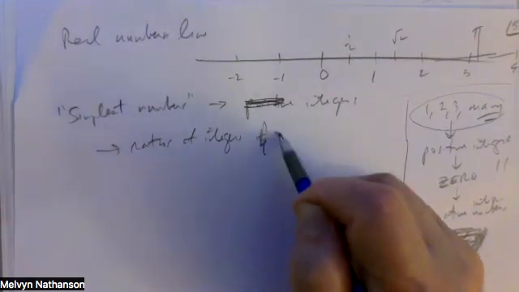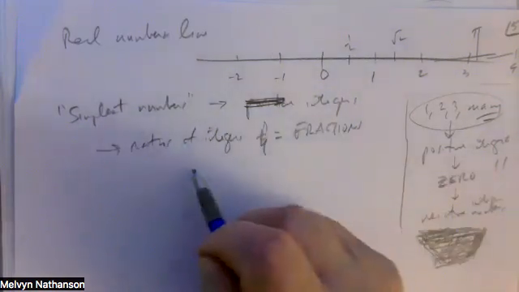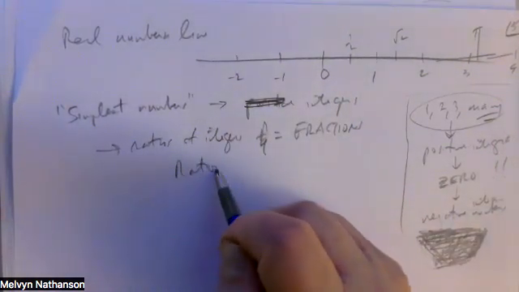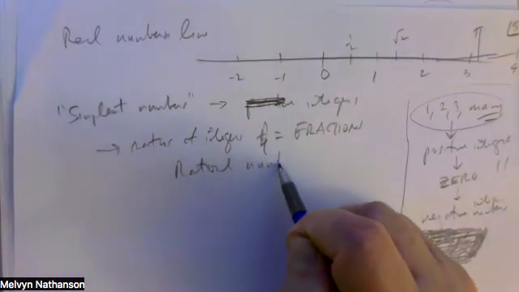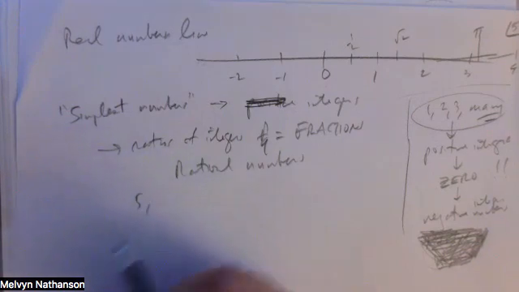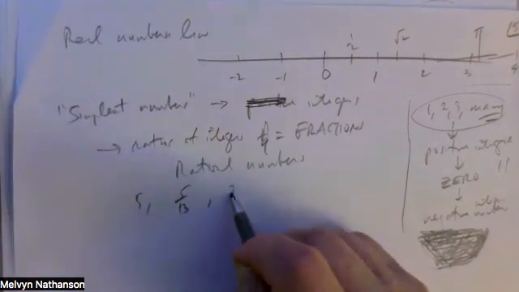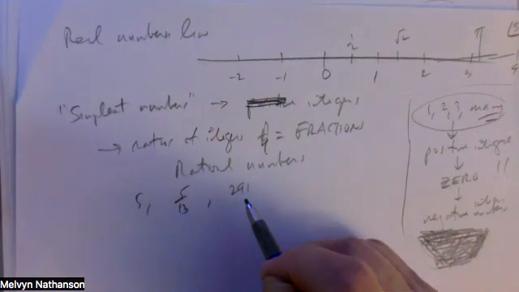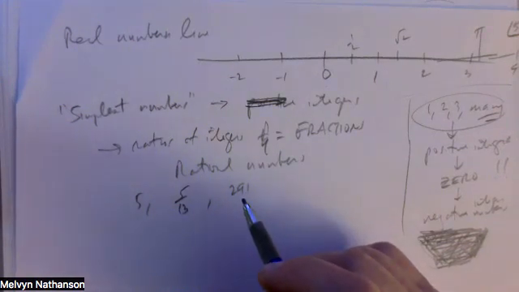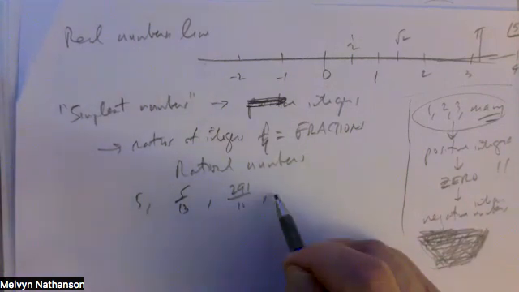P over Q, which we call fractions or rational numbers. So you have numbers like 5, and then you have numbers like 5 over 13 or 291 over 11 and so forth.